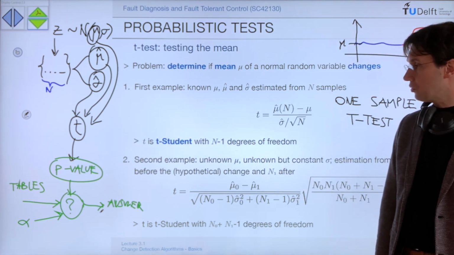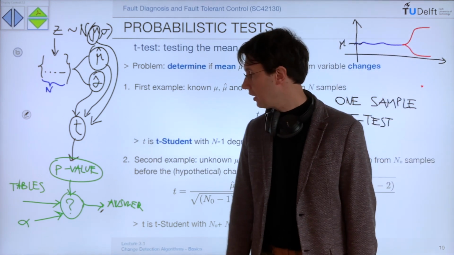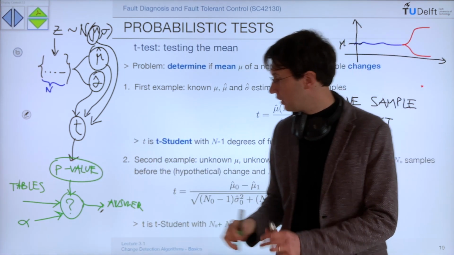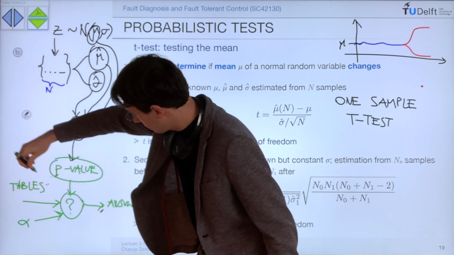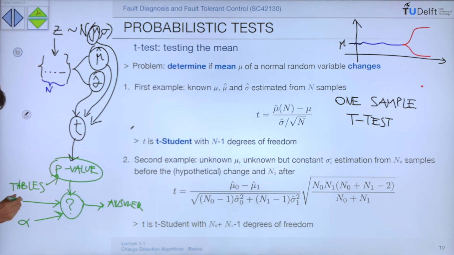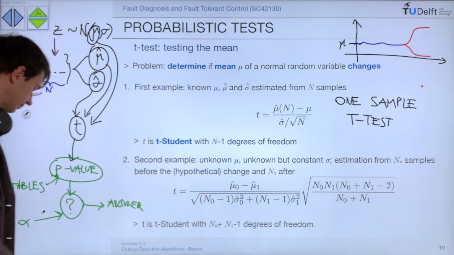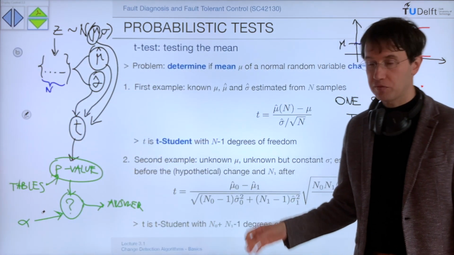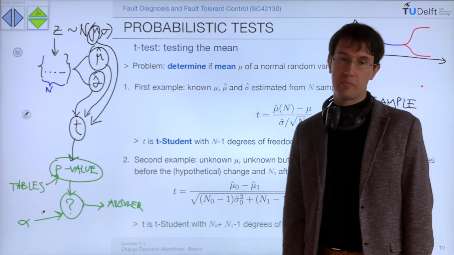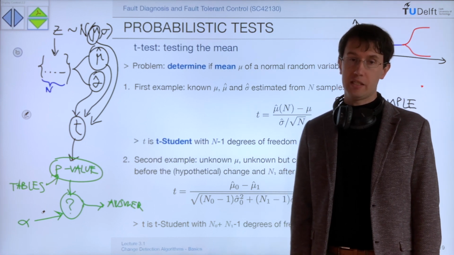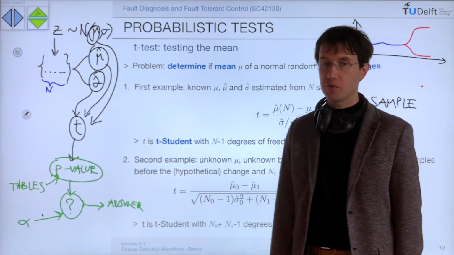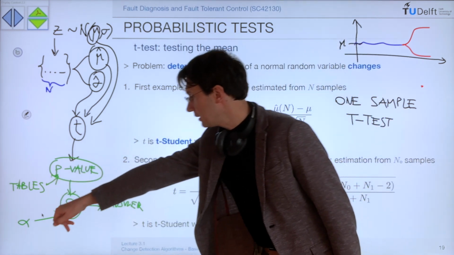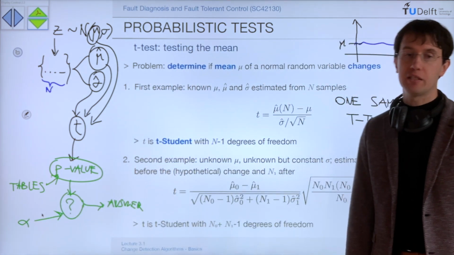So what you need to do is to compute the p-value. Sorry, the information of the tables is used to compute the p-value actually, and not here. So using information from tables of T, so basically the information on the CDF of T, you can compute the p-value, and then you compare that with the significance level alpha that you define.